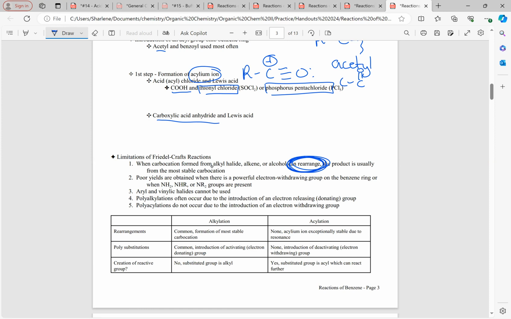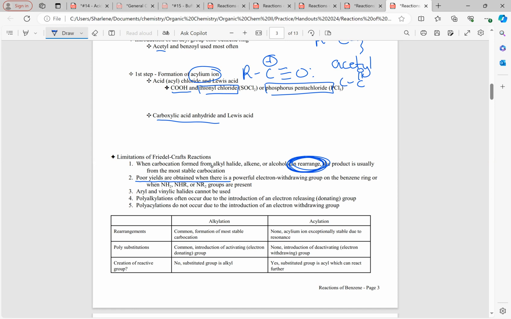All right, very poor yields are obtained when there's a very powerful electron withdrawing group on the ring. And that probably sounds familiar because when we were doing the resonance and aromatic handout, I had you look at what are electron donating and electron withdrawing groups.